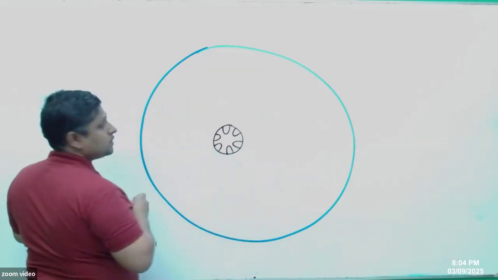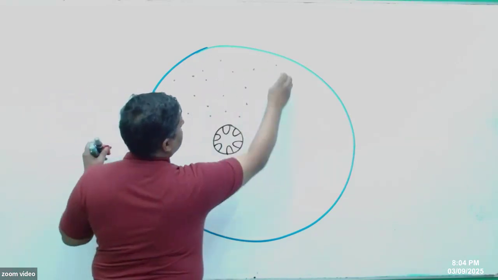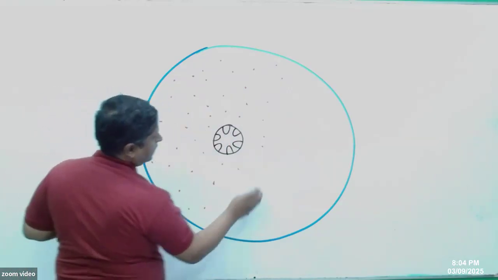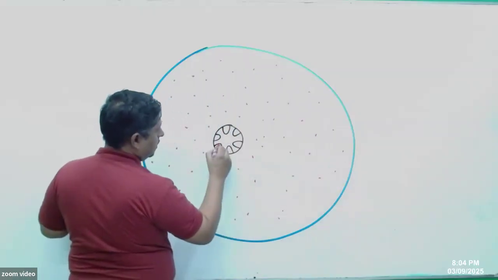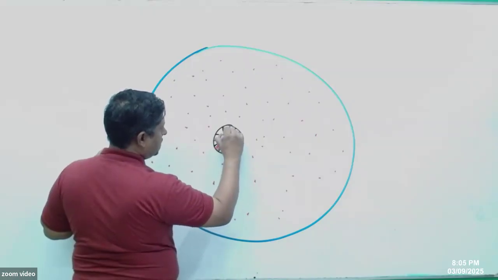This whole part is the secondary xylem. This entire region is secondary xylem. And here we have the primary xylem.